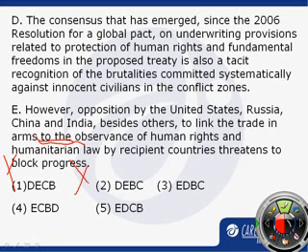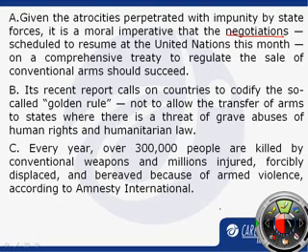So after E, which should come first? Should it be D or should it be C? Now let's look at sentence C. C says, every year over 300,000 people are killed by conventional weapons and millions injured, forcibly displaced, and bereaved because of armed violence, according to Amnesty International.